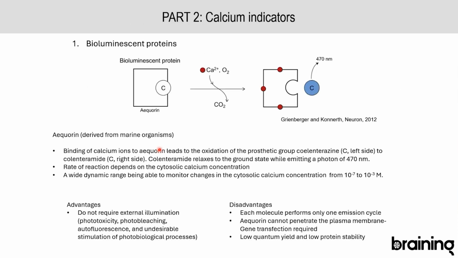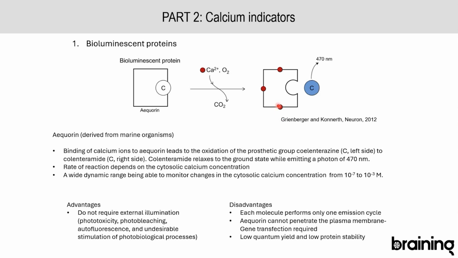So the bioluminescent proteins. Here is the example of a bioluminescent protein, aequorin. It is derived from a marine organism. When calcium binds to these proteins, it leads to the oxygenation of this group here, represented by the C. And this group will leave this molecule, okay?